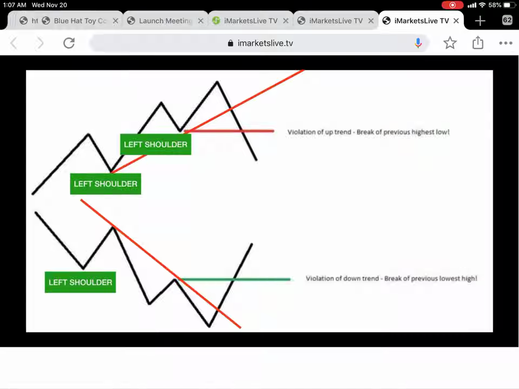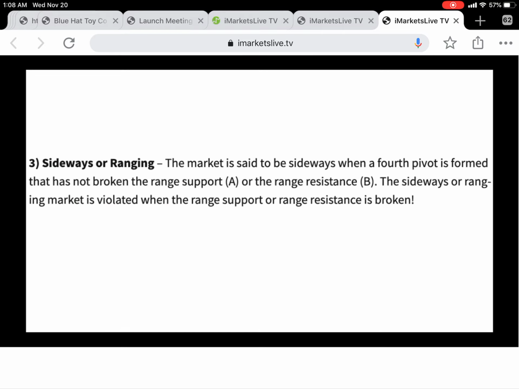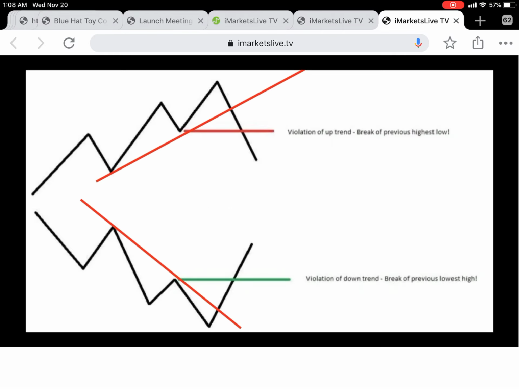The market drops down lower, pulls back, and drops lower, making left shoulders. We just spoke about this, okay? When the market drops low and pulls back, we write left shoulder. When the market drops lower, breaking the previous low, and pulls back, we write left shoulder. Okay? All right, everyone got that? Boom. Left shoulder, left shoulder.